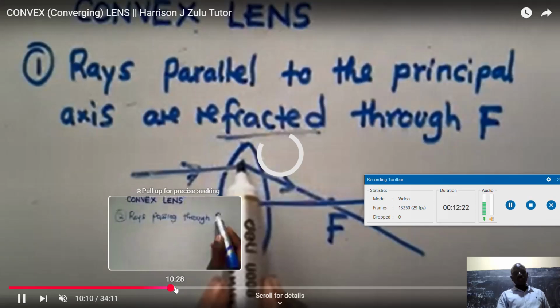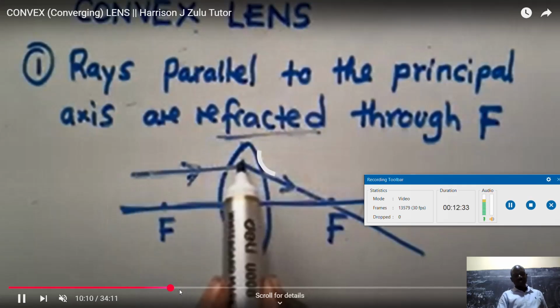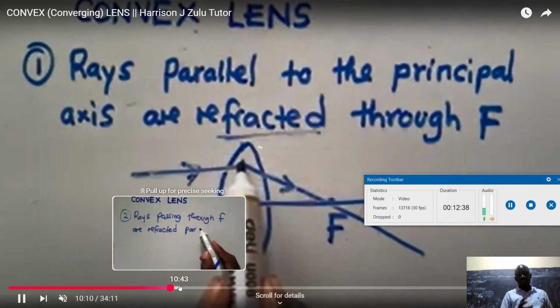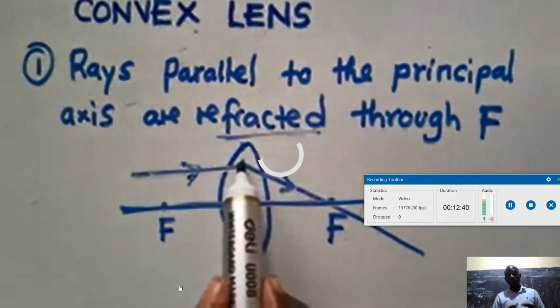Now, when we look at rule number 2, we are going to talk about a ray that is passing through F. As I was saying, it is the opposite of rule number 1.